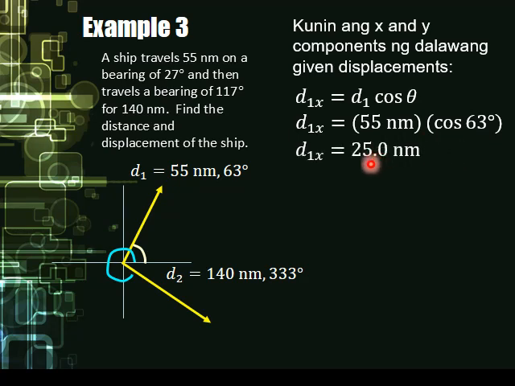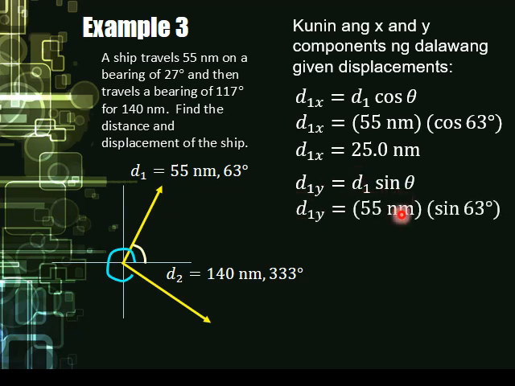So, that is 25 nautical miles. Ngayon kunin natin yung d1y. So, d1y is equal to d1 sine theta. So, siya ay 55 nautical miles times sine 63 degrees. So, we have 49 nautical miles. Okay? So, yan ang mga values ng d1x and then d1y. Okay, now let's go to d2.